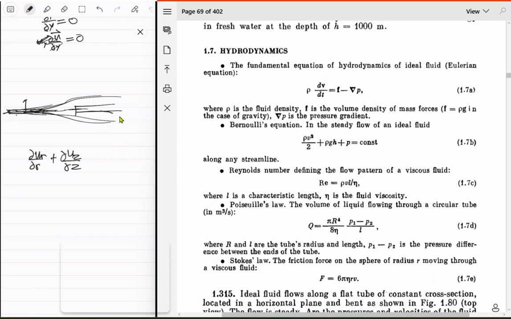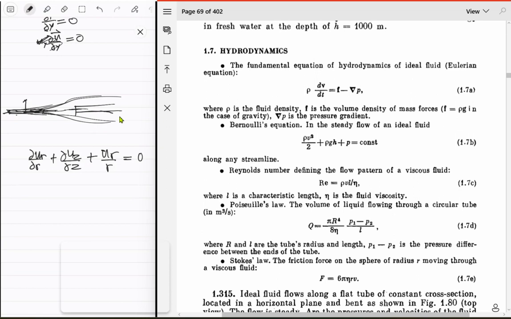What else do you have? Plus u_r upon r. This is equal to zero. That's what the divergence of u being equal to zero says, right?